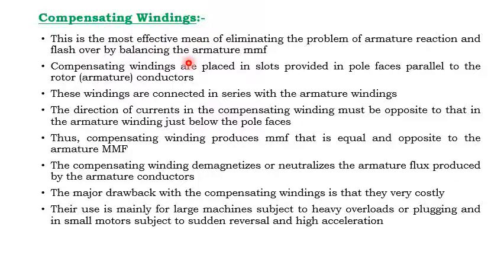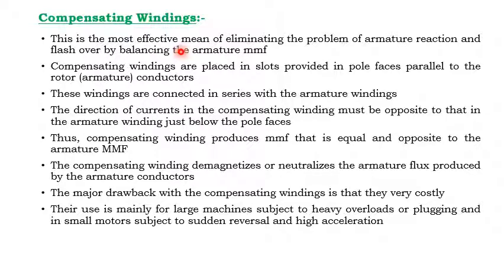This is the most effective means of eliminating the problem of armature reaction and flashover by balancing the armature MMF. So both problems can be solved by this method: the armature reaction, and the flashover which can occur due to the armature MMF, that is, the bad commutation, which can be avoided by the compensating winding.